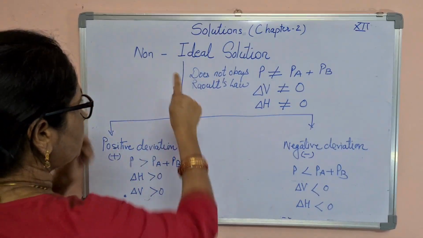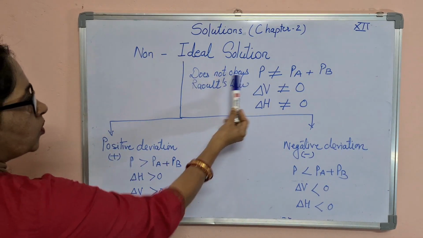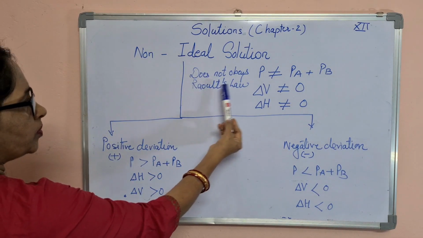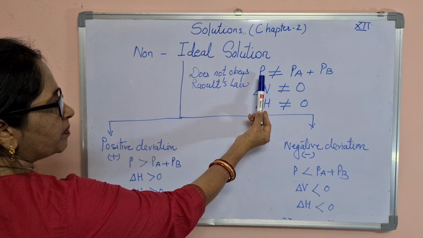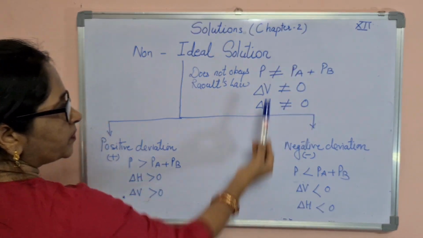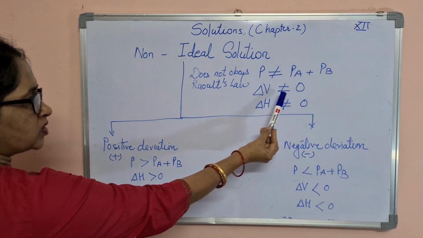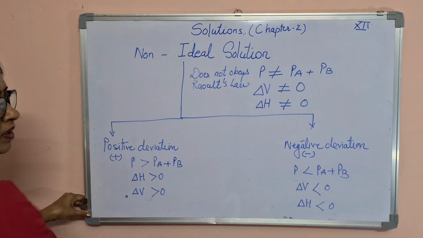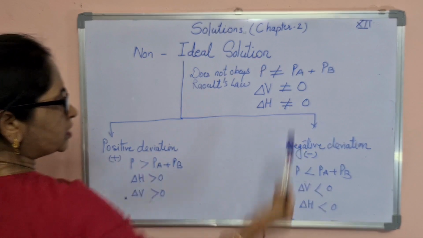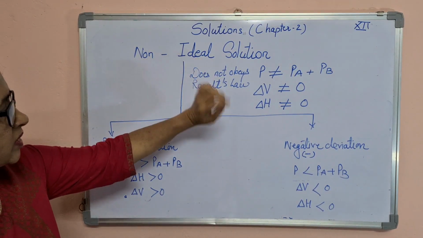So non-ideal solutions are those solutions which do not obey Raoult's law, that is, P, the vapor pressure of the solution, is not equal to PA plus PB. Second condition, delta V is not equal to 0. Delta H, that is the change in enthalpy, is not equal to 0. Such solutions are called non-ideal solutions.